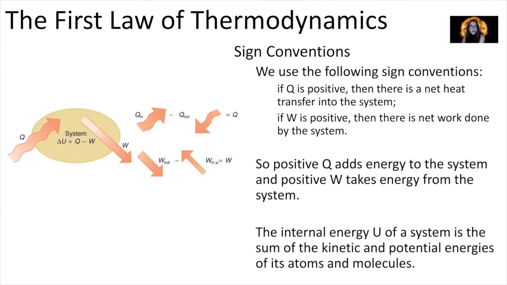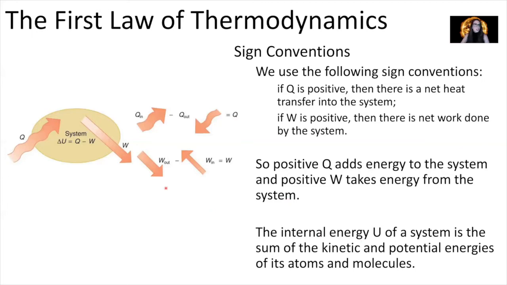If the work into the system is greater than the work out of the system, then W is going to be negative here. And so that means that work is done on the system rather than work being done by the system. Okay, so a positive value for Q here adds energy into the system, and positive W takes energy away from the system.